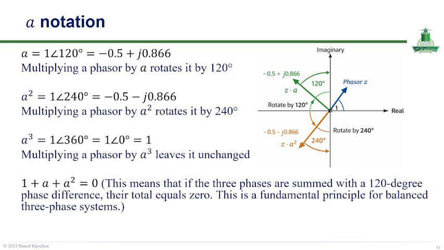An important property of this operator is that the sum of the three terms 1 plus a plus a squared is equal to 0, and this reflects a key characteristic of balanced three-phase systems, where three phases of equal magnitude and 120-degree phase difference cancel each other when all of them are summed together.